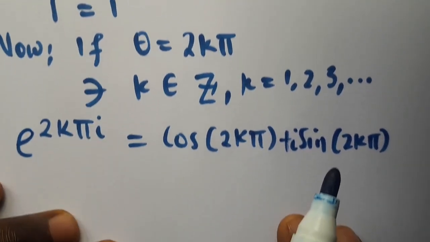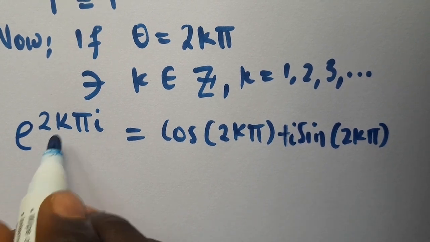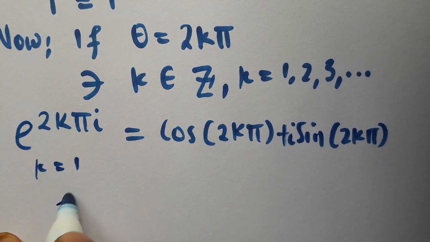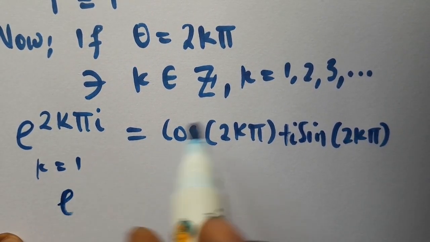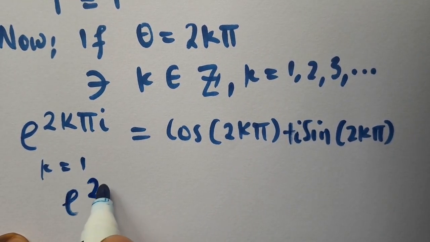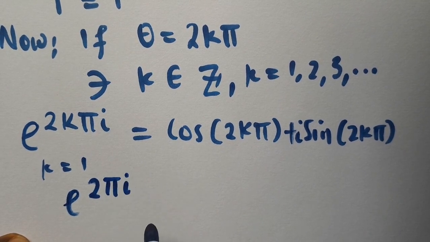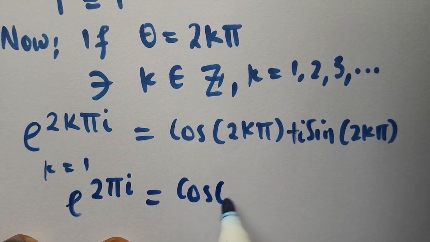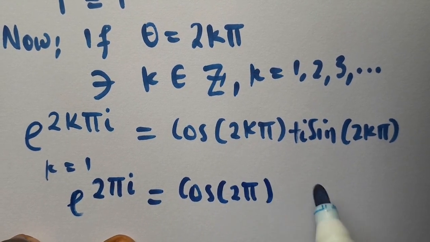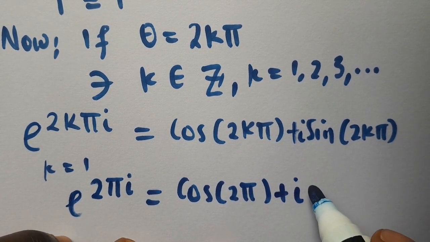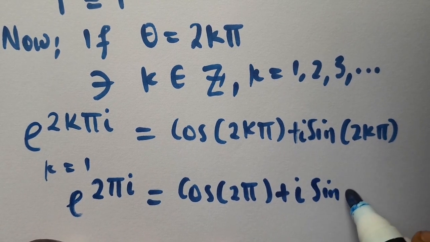So we can now test when k equals 1, k equals 2, k equals 3 to see how the general form of it will be. When k equals 1, we have e to the power of 2 pi i equals cos 2 pi plus i sine 2 pi.